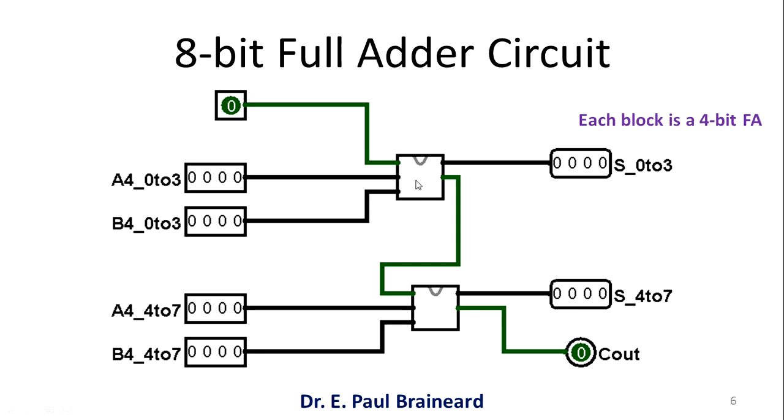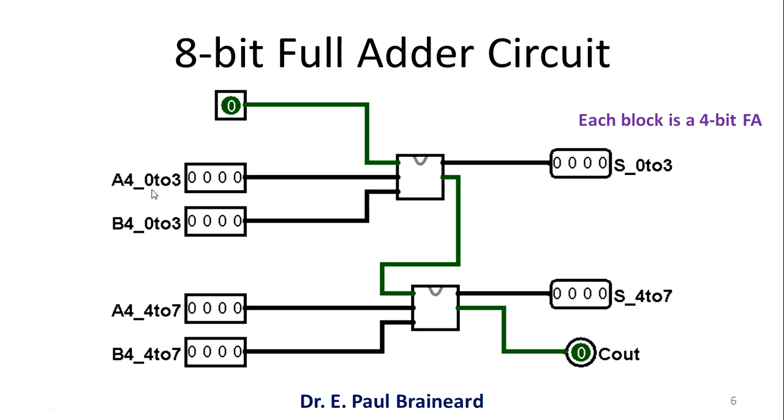Now if I use two 4-bit full adder circuits, I will be able to make an 8-bit full adder circuit. Here the 4-bit full adder circuit is the basic building block. This also has provision for carry input. I am having the input A, which is 4 bits in length, from 0 to 3, so MSB is the 4th bit, represented by 3.